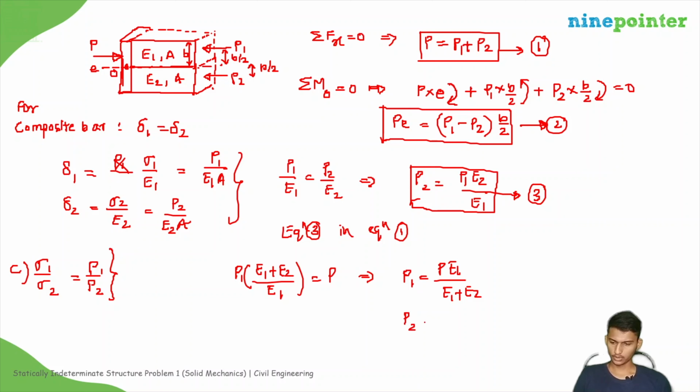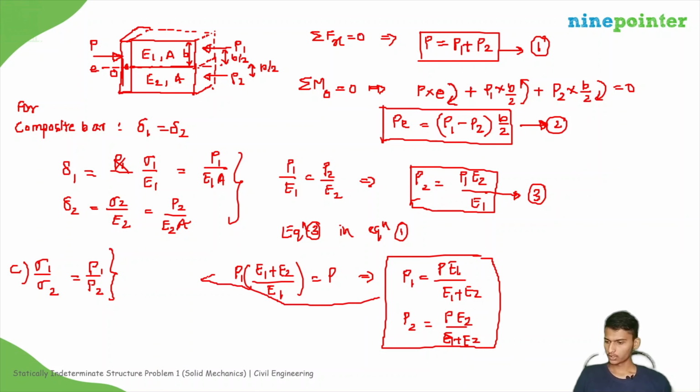Similarly, P2 will be equal to P E2 divided by E1 plus E2, right? So these are the two. So then what is P1 by P2? P1 by P2 will be E1 by E2. Sigma 1 by sigma 2 will be equal to E1 by E2. Okay, this is part C.